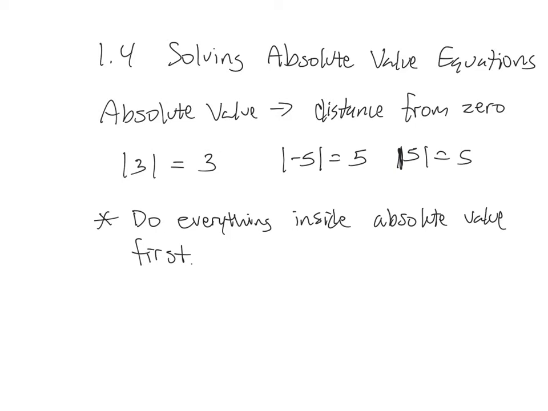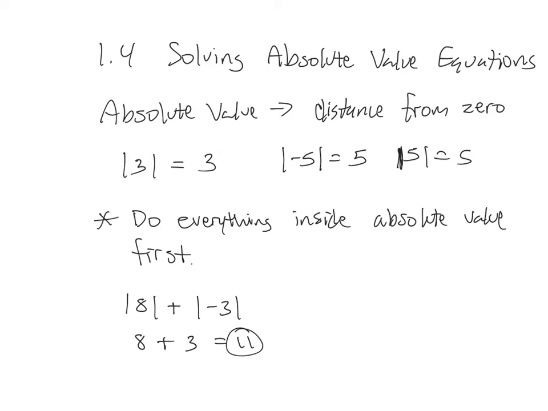So if you do order of operations, parentheses comes first. Absolute value comes first. So if you had, let's say, absolute value 8 plus the absolute value of -3, you'd want to say, well, the absolute value of 8 is 8. Absolute value of -3 is 3. And then you do 8 plus 3.